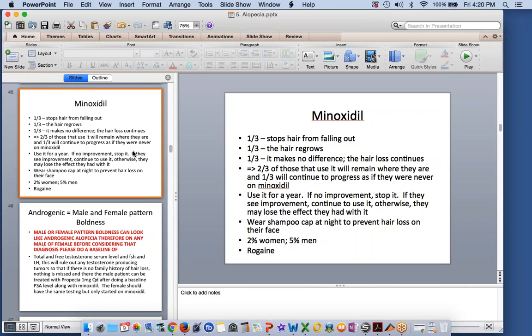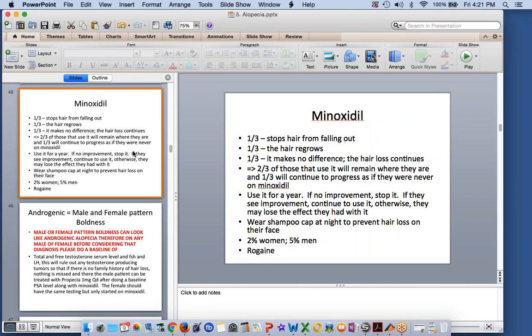But in addition, we would get a free and total serum testosterone, FSH, which is follicle stimulating hormone, and LH, which is luteinizing hormone, which, when low, the luteinizing hormone and follicle stimulating hormone should show an elevation, and the free and/or total testosterone level.